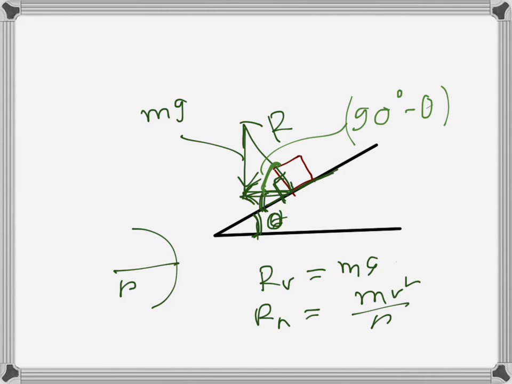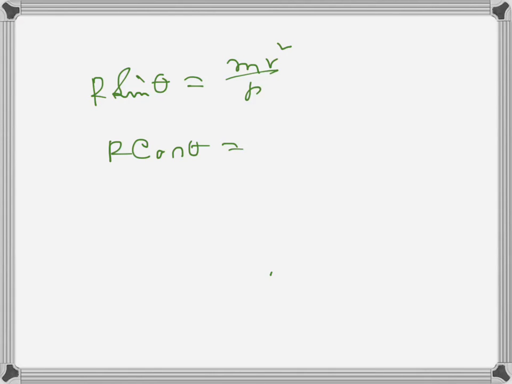So the horizontal component will be R sine theta, and the vertical component will be R cosine theta, because this angle is theta. So we can write R sine theta to be mv square over R, and R cosine theta to be mg.